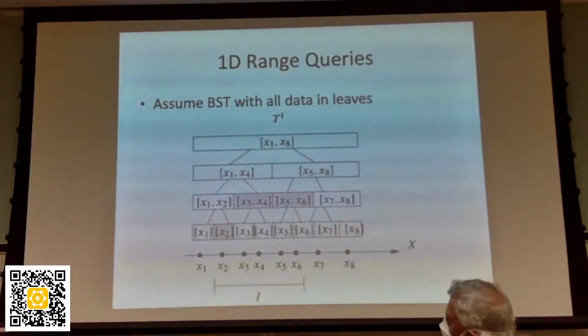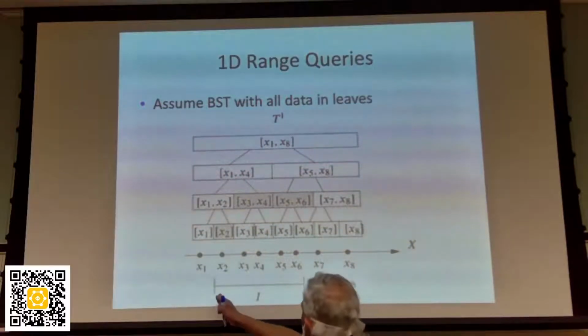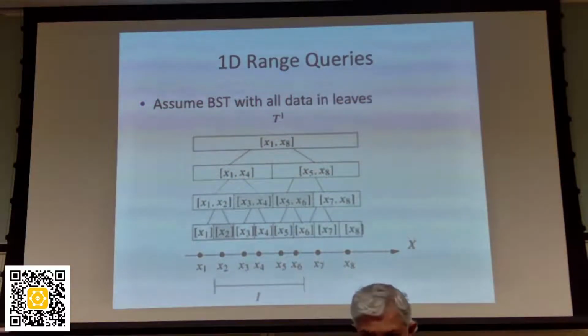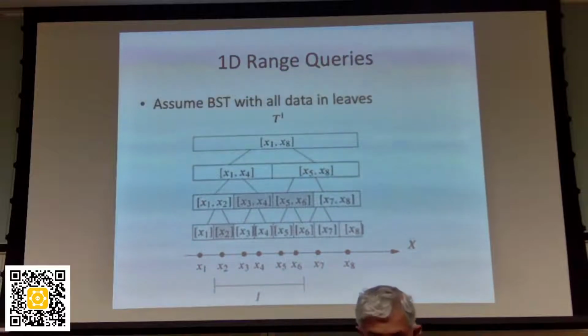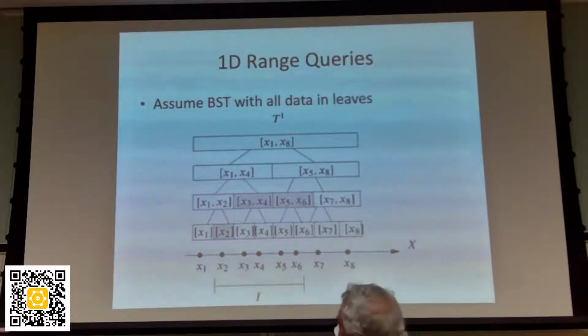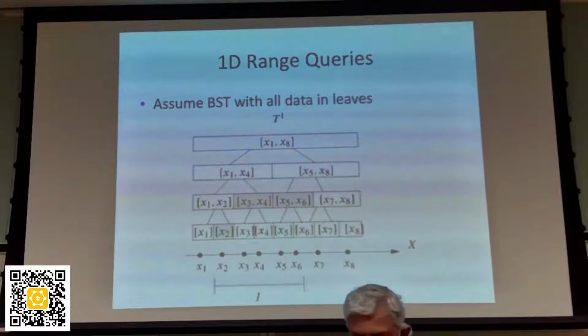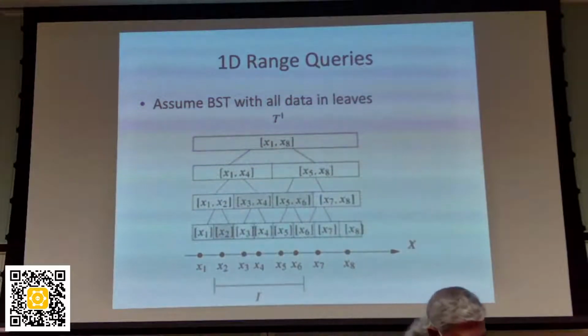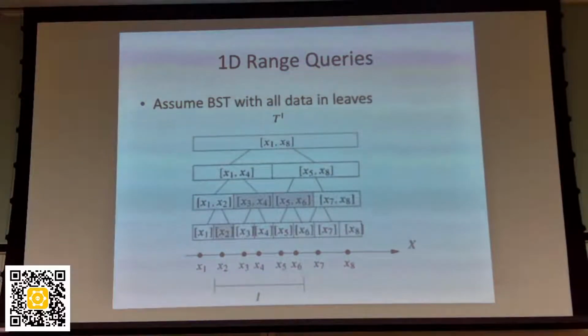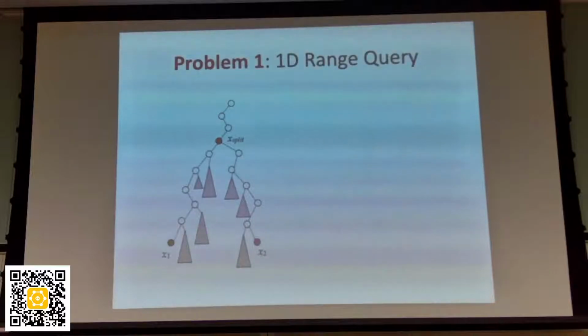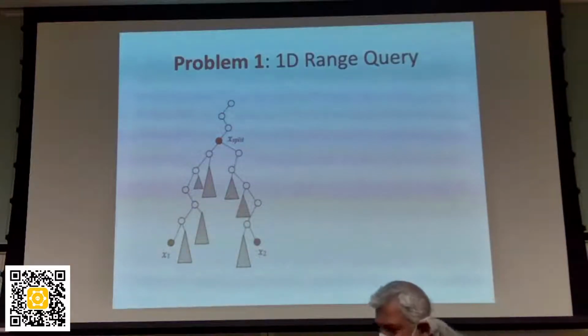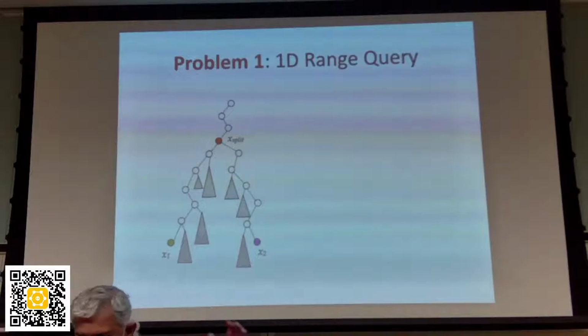And so if I want everything between x2 and x6, then I can do this by doing some smart stuff. And I'll show you a better picture because it's not that easily seen here. Here's a better picture. So this is your binary search tree.